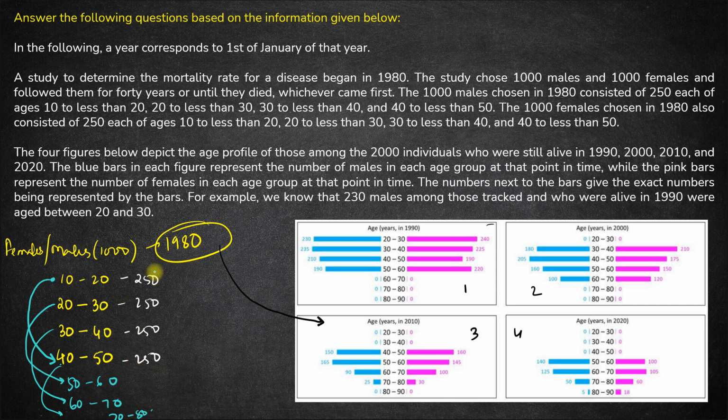Fine. So these 250 people should now be in which age bracket? 40 to 50 age bracket.